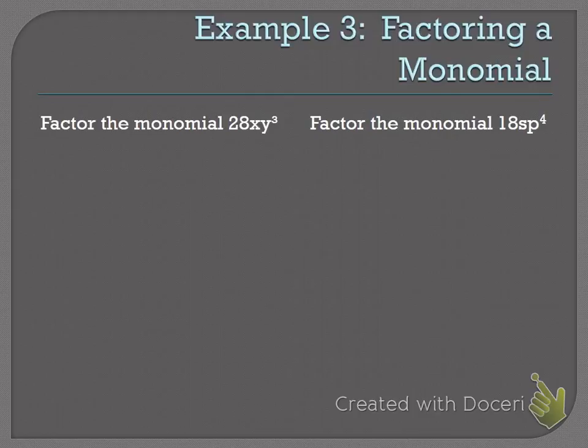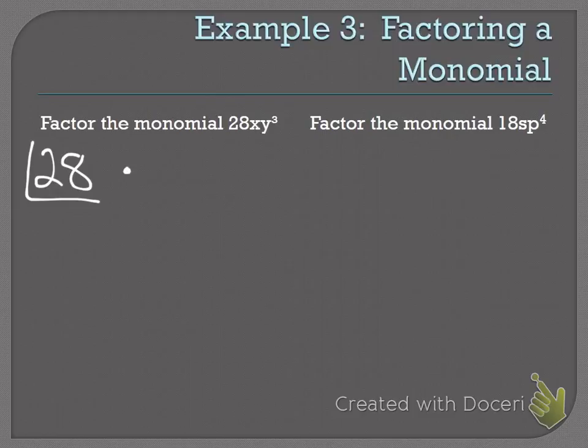Okay, so here's what we do. We're going to break this down. Do you agree that it's 28 times x times y to the third, that I'm multiplying each part of that term together? So for 28, I need to do the prime factorization.